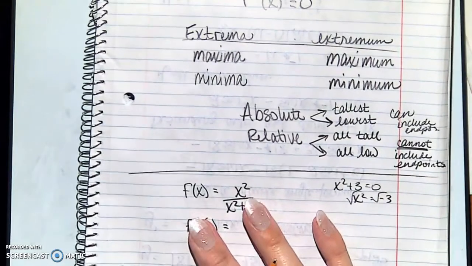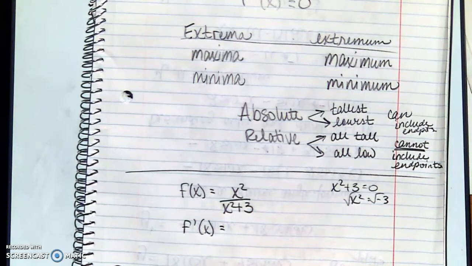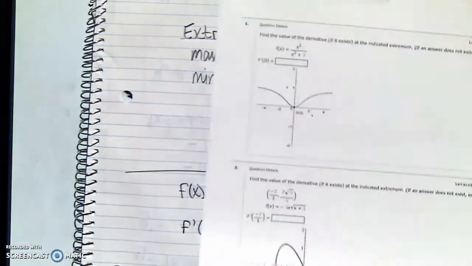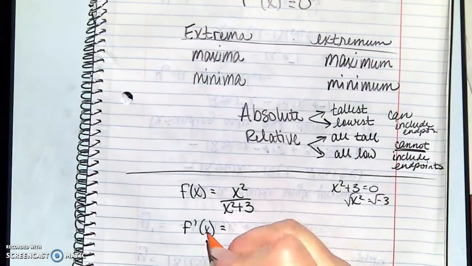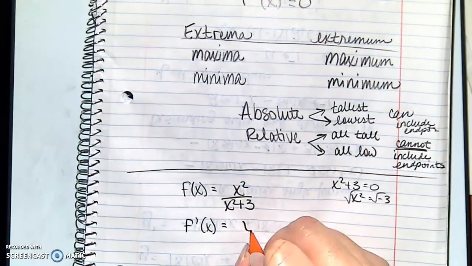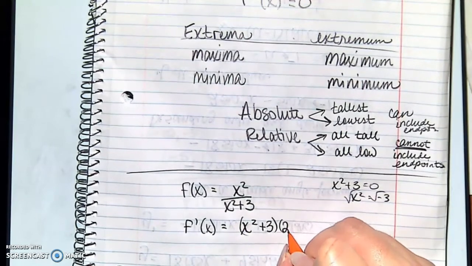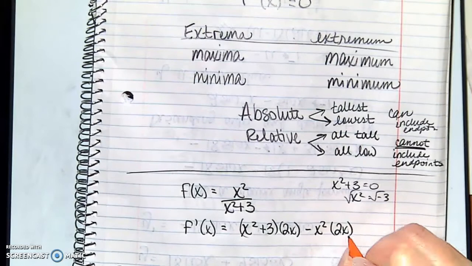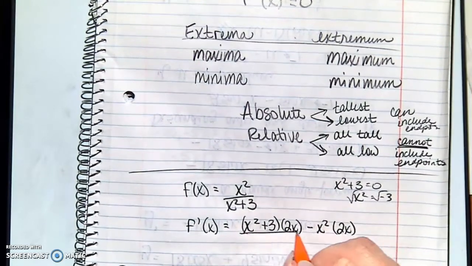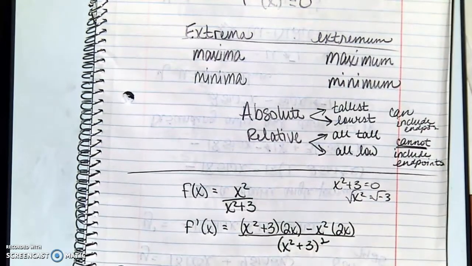So now what I want to do is take a derivative and evaluate it at 0, because again, that's where my attention is being called to, this low point. For my derivative, I'm going to have to use the quotient rule. So I've got the bottom times the derivative of the top minus the top times the derivative of the bottom all over the bottom squared.